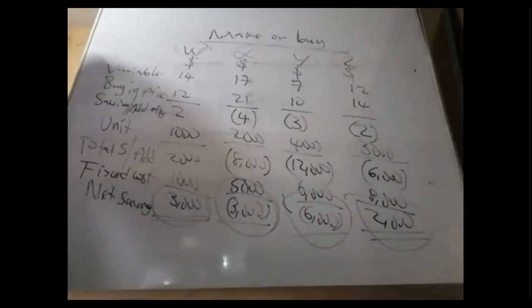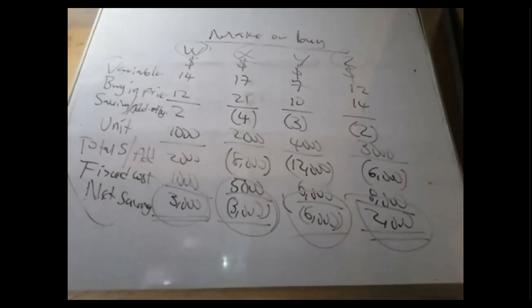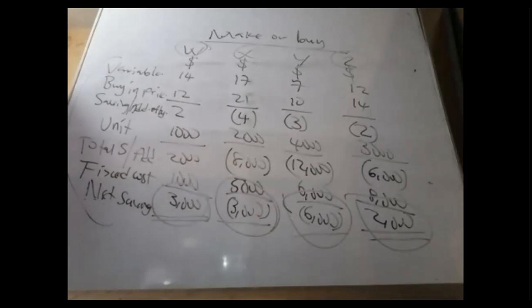Now, before I start the calculation, they can also ask you what the qualitative factors are to be considered before, one, you shut down, and two, before you make or buy. When they ask for qualitative factors to be considered before buying the product, we are just talking about the supplier, the one that will supply the product to you.